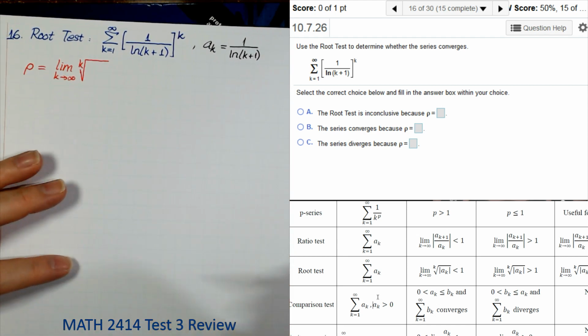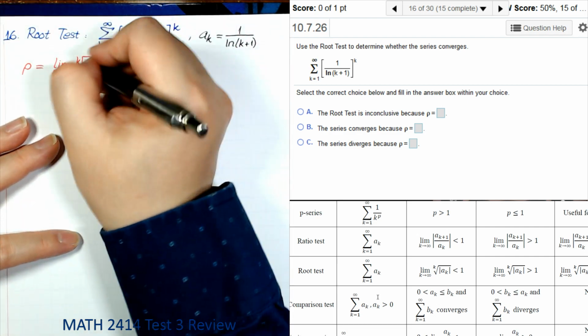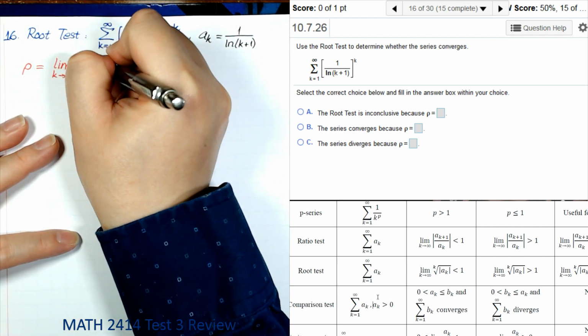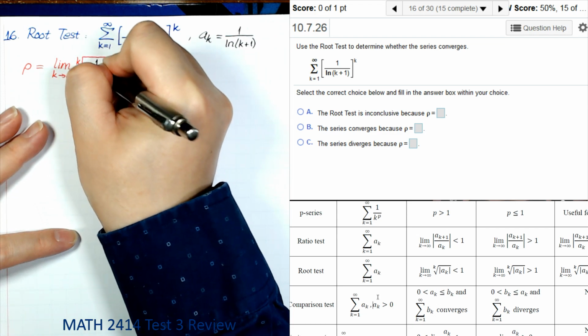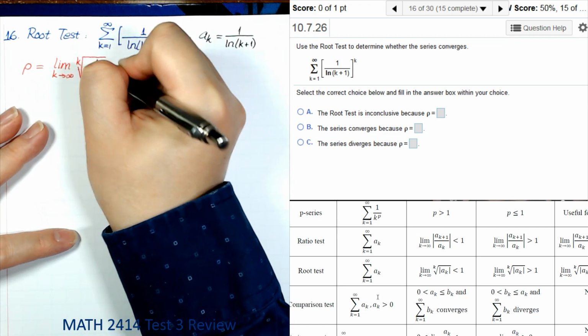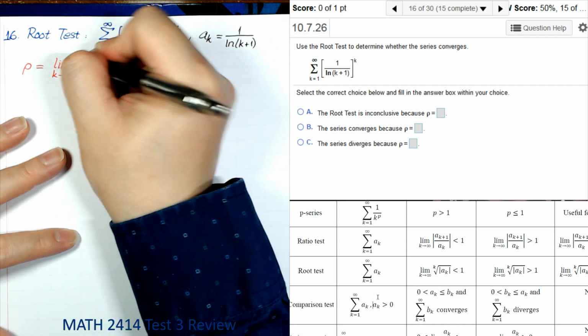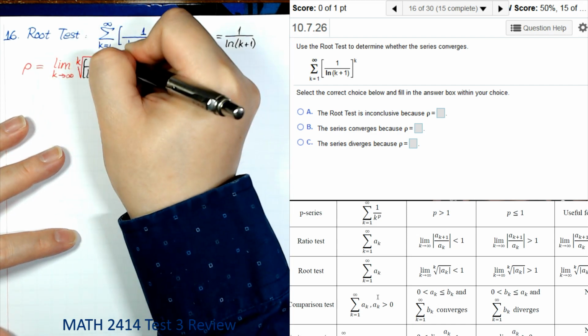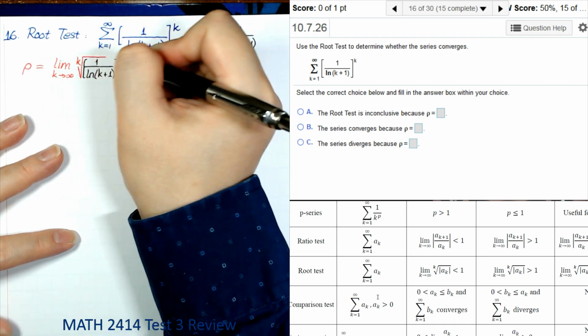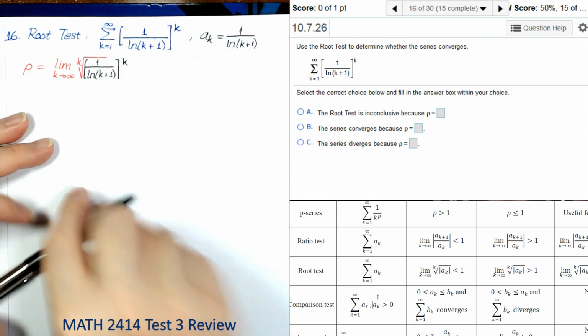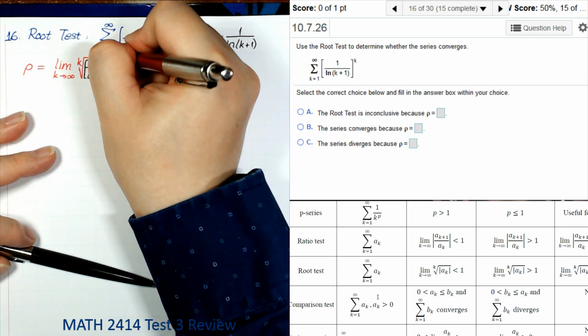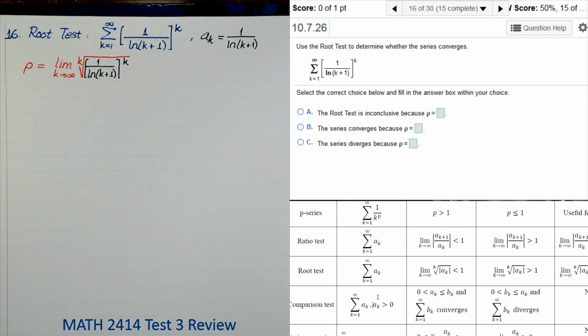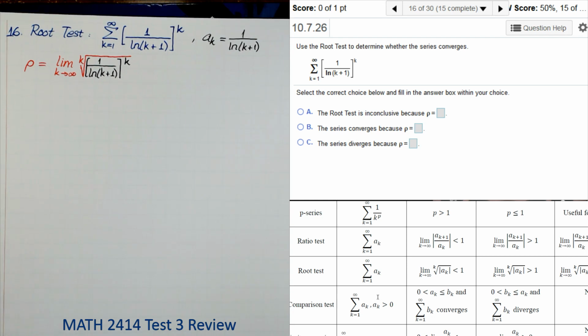We need h of k. Not, just put the whole thing here. Now, the reason, by the way, it doesn't matter.